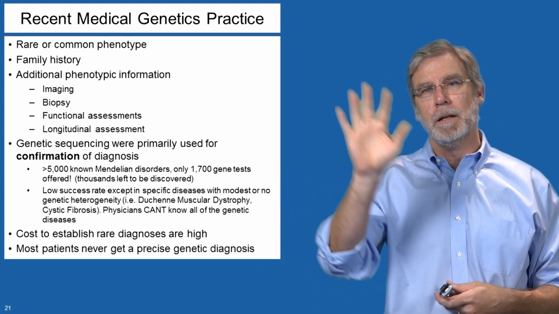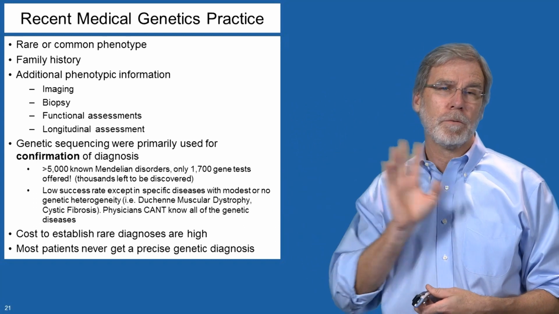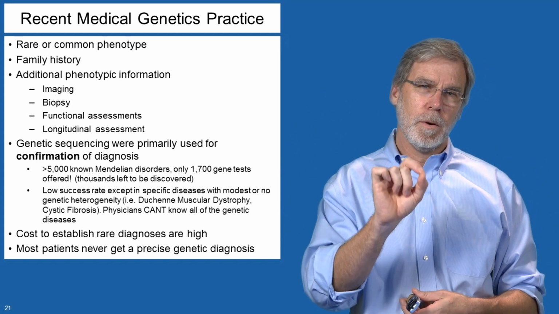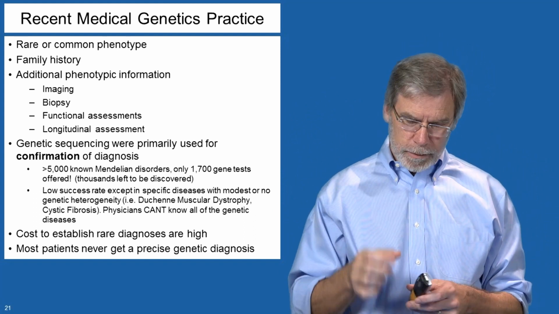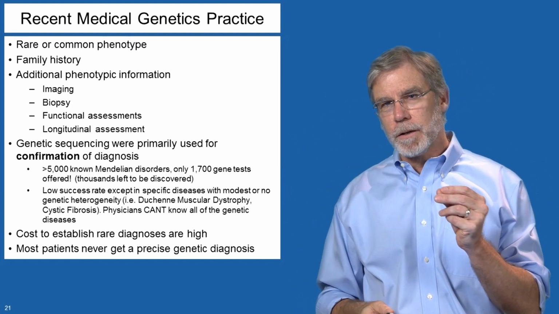And if it's not, then I'll go search for a new gene. That's really fairly old school, but instead, what we'll be doing is using these tools of diagnosis much earlier in the diagnostic workup to find the causal disease gene.